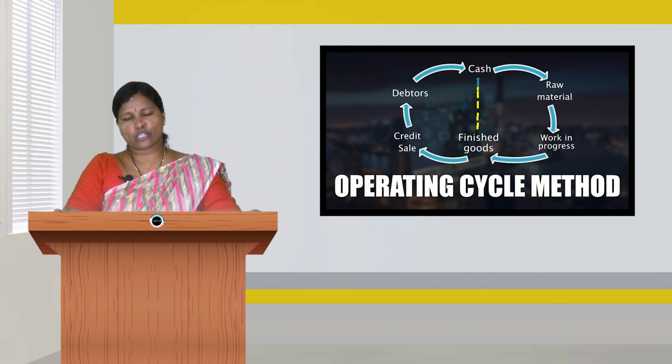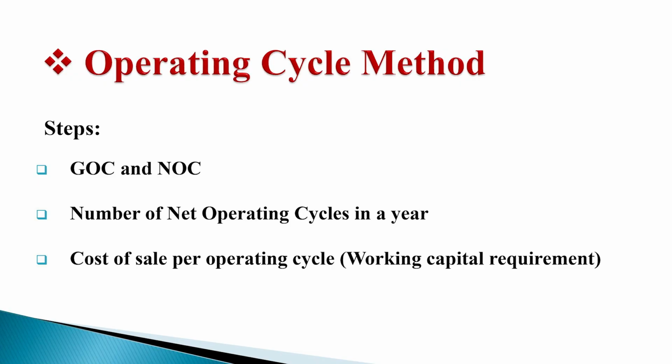We have to follow three important steps. First, calculate the gross operating cycle and net operating cycle. Next, calculate the number of net operating cycles in a year. And finally, calculate the working capital requirement.